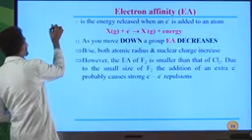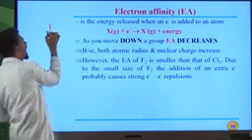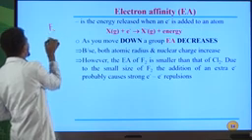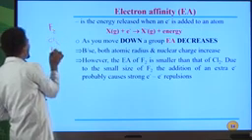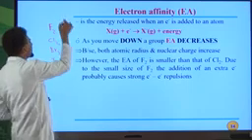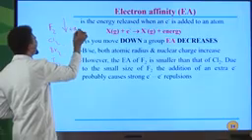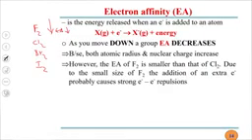Down the group, let us compare the electron affinity for the halogen family elements: fluorine, chlorine, bromine, iodine. I told you that when we move down the group from top to bottom, electron affinity decreases. So according to this general trend, fluorine must have high electron affinity.